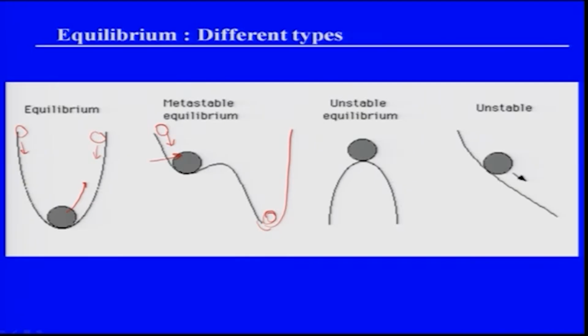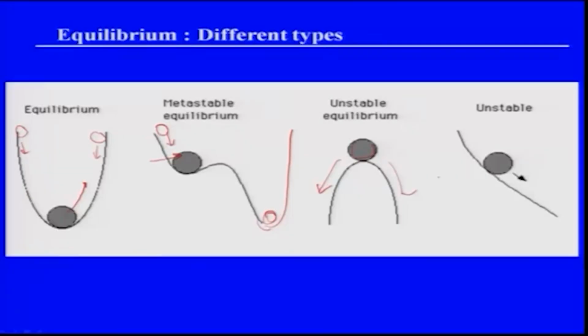Suppose an energy landscape is like this, an inverted parabola, and if I put a ball here, it will simply fall this way or this way, it will not stay. It will either fall this way or that way. But still this is an equilibrium because it is not dissipating energy.